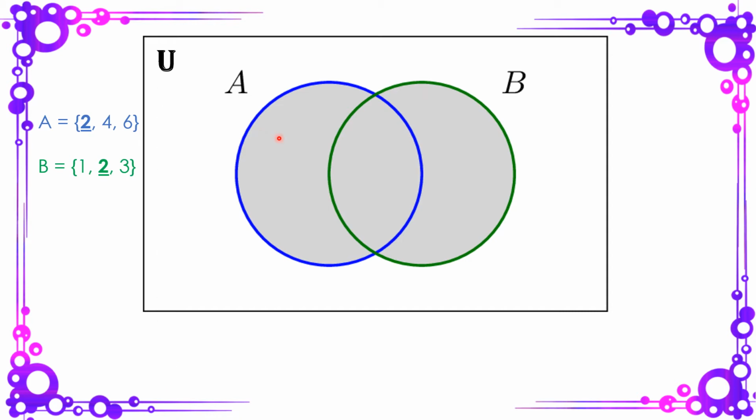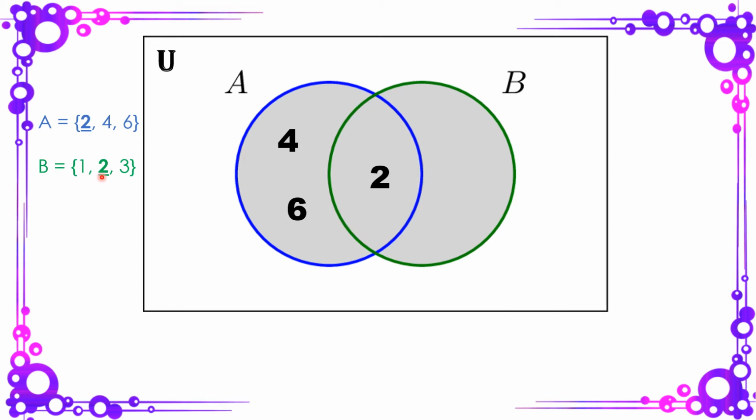Do not include the symbol for universal. Inside circle A, we have 4, and the next one is 6. And for the overlapping part, we just have to write number 2, since we have the same possible outcome, number 2, in A and in B.